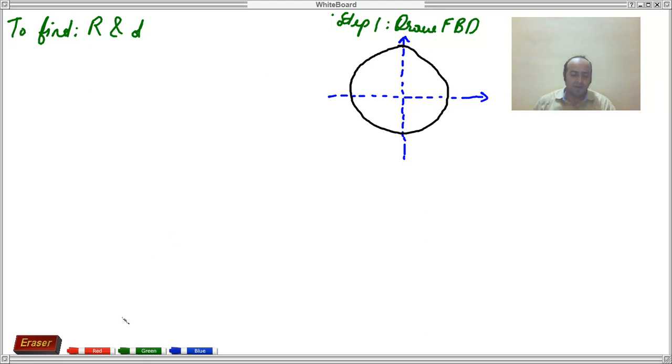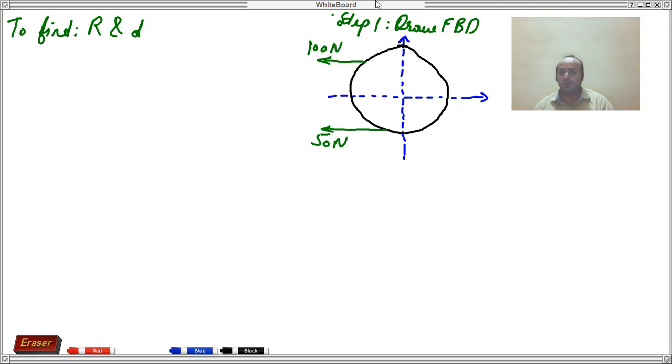Okay, one by one let me show the forces which are acting. So this is the first force of 100 Newton. This is the second force of 50 Newton, 50 Newton, 100 Newton.